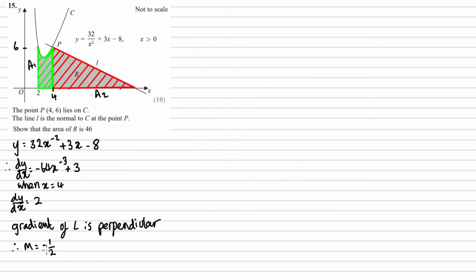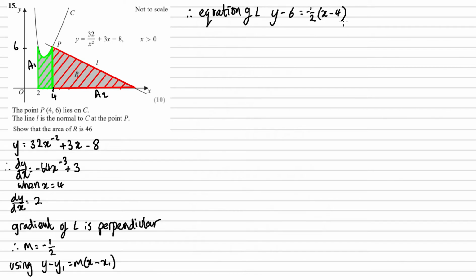Okay, so now using y minus y1 equals m times x minus x1, which is a formula you should know in order to obtain the equation of a line, I can now say that therefore the equation of L is y minus 6 equals minus a half times x minus 4.